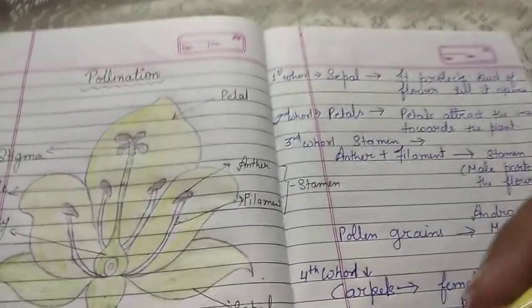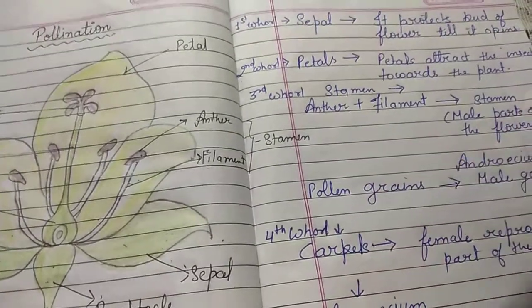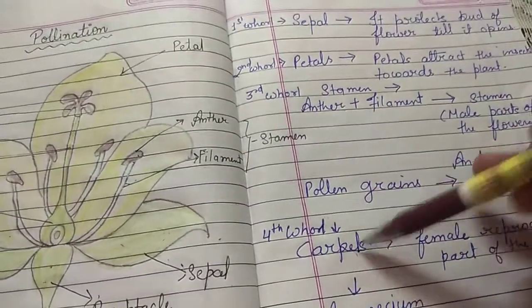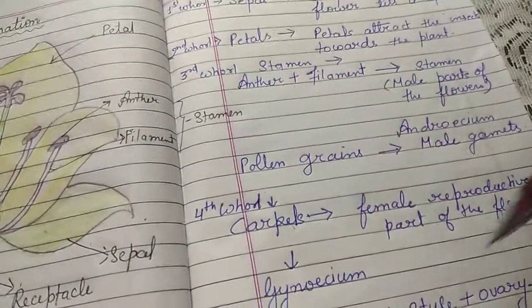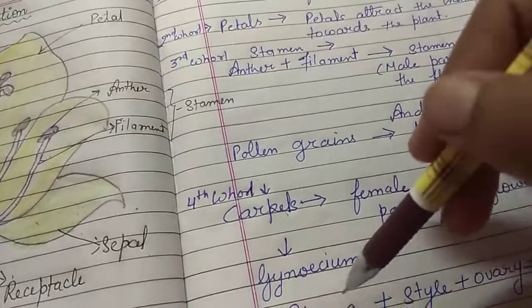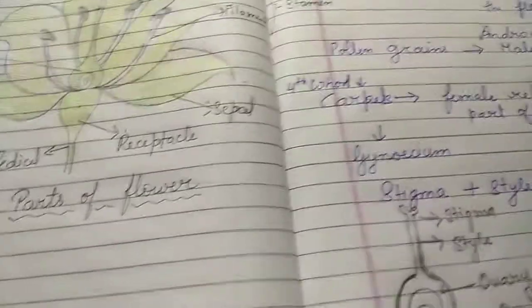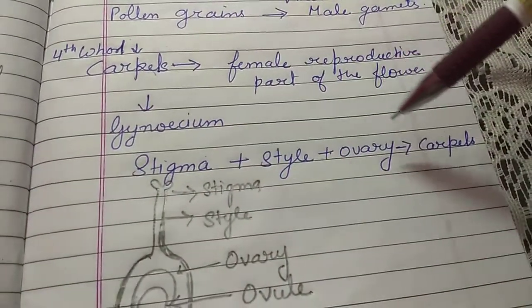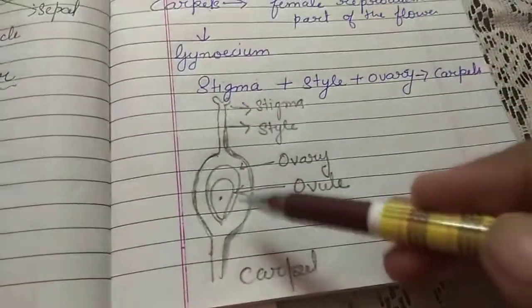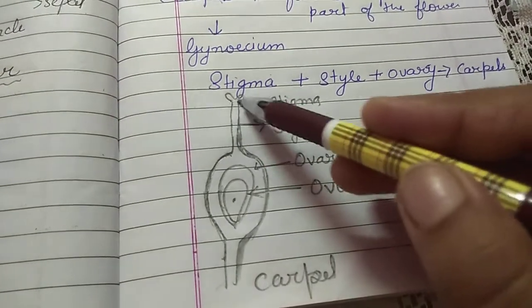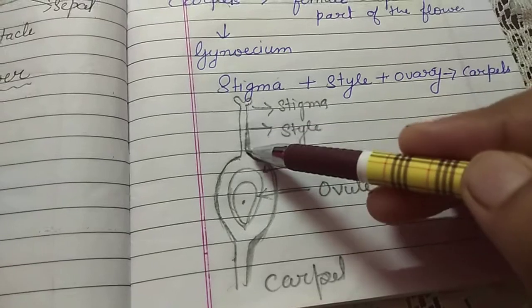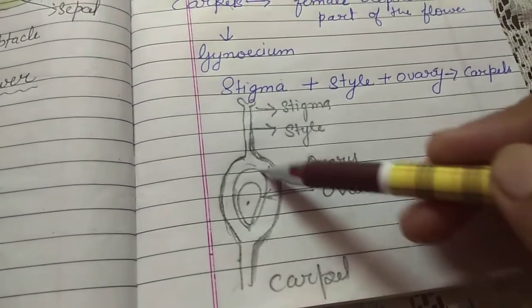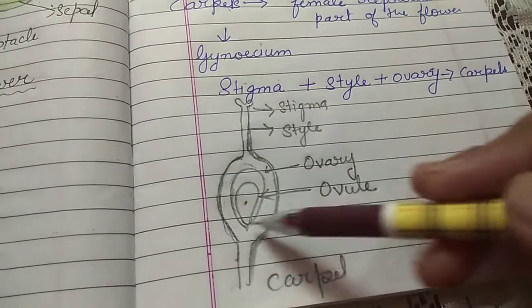Now we will discuss about carpel, the fourth whorl of the flower. Carpel is the female reproductive part of the flower, which is collectively known as gynoecium. And what are the parts of the carpel? Stigma, style, ovary. The upper flower-like structure is stigma, and then style, tube-like structure is style, and this oval shape is known as ovary.